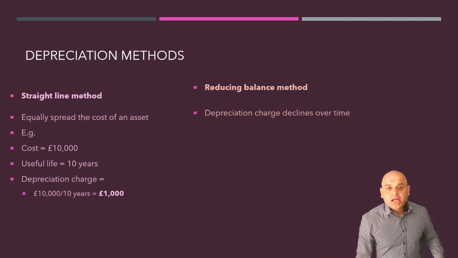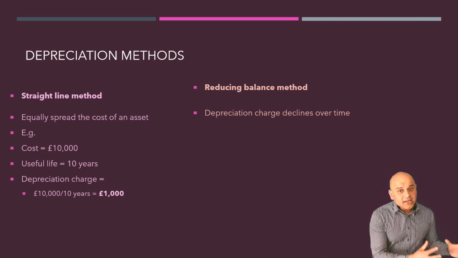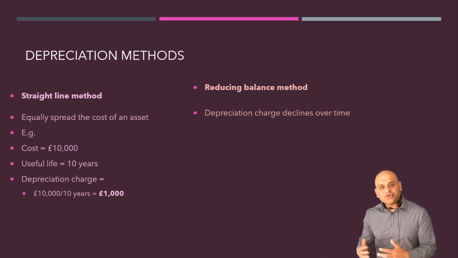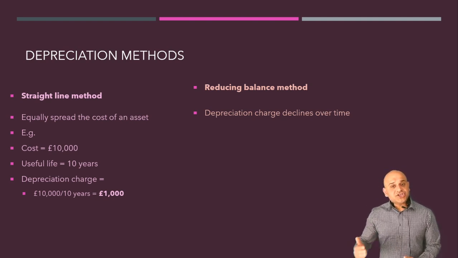But the reducing balance method will charge a higher amount of depreciation in earlier years of the life of an asset, and it will gradually decrease as the years progress. This method is best for assets such as machines because over time the benefits we derive from the machine will deteriorate.